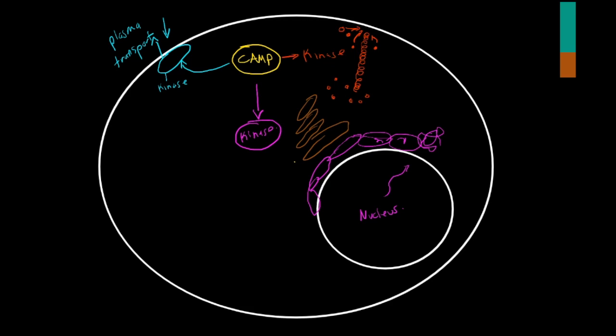It can also lead to this kinase phosphorylating phosphorylase kinase, which would then, we'll do another kinase here, which might lead to some sort of glycogen breakdown. So for cell energy, glycogen breakdown, or it could lead to glycogen formation.